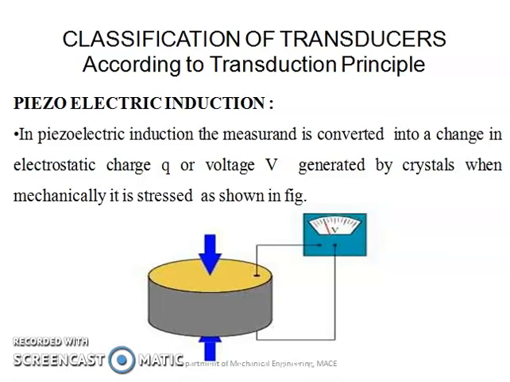In piezoelectric induction transducers, the measurand is converted into changing electrostatic charge or voltage that is generated by crystals when they are mechanically stressed. As shown in the figure, when pressure is applied to this piezoelectric crystal, it is converted into change in electrostatic charge or voltage that can be observed or measured from here.